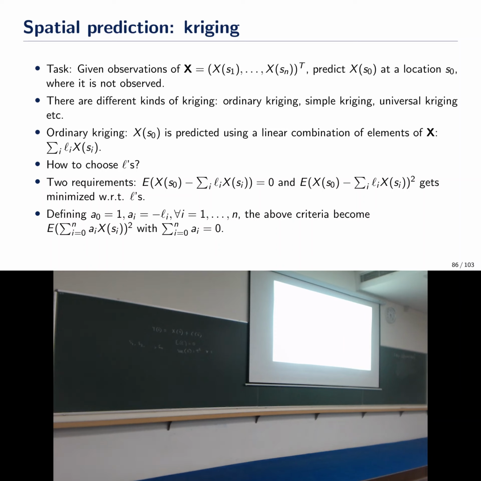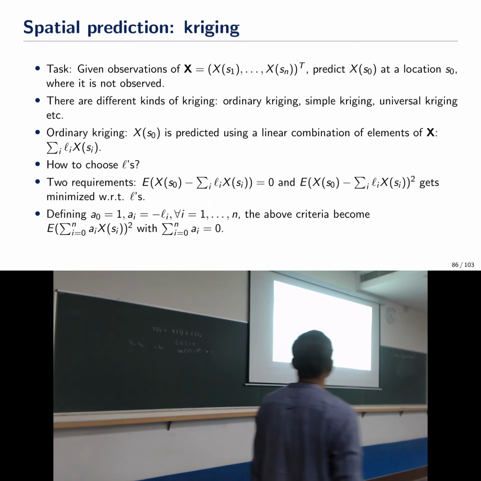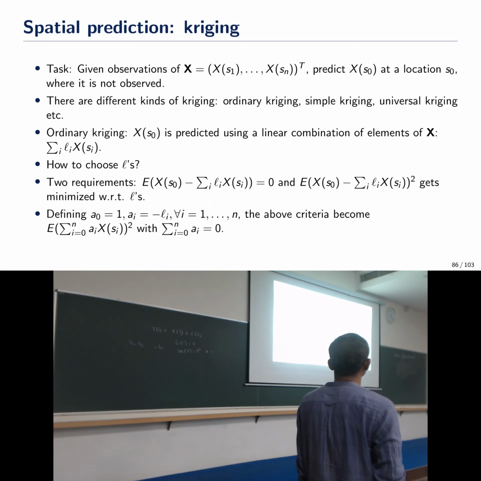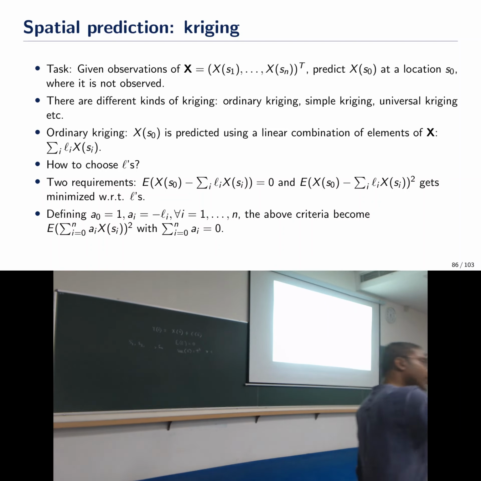There are many different kinds of kriging, and we are going to talk about three of them: ordinary kriging, simple kriging, and universal kriging. Mostly we'll be focusing on ordinary kriging, to relate it to conditionally negative definiteness.